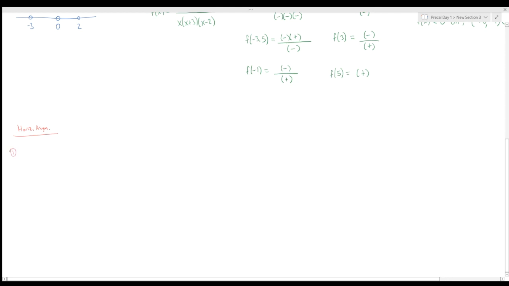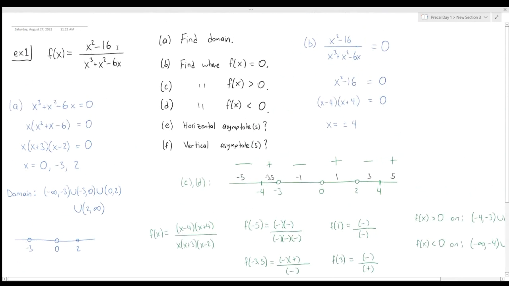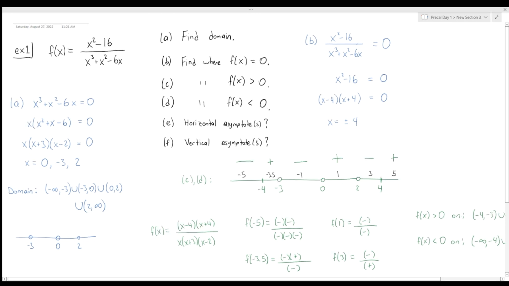Yeah, so for the horizontal asymptotes, comparing the degree of the numerator and the denominator. Here, the numerator is a degree 2 polynomial. The denominator is a degree 3 polynomial. So we have the numerator with a degree smaller than the denominator.